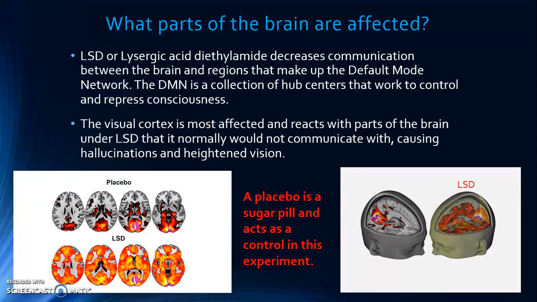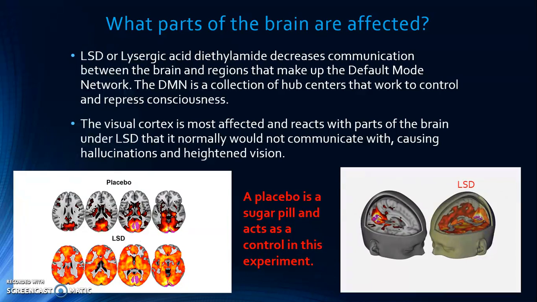In the experiment, in the bottom, a placebo is given and LSD is given. A placebo is essentially a sugar pill and acts as a control within this experiment. As you can see with the brain scans under the effects of the placebo, the brain is not as active and parts of the brain are not communicating with each other.